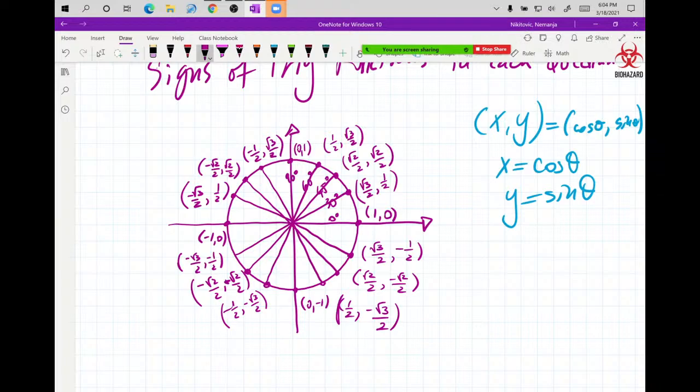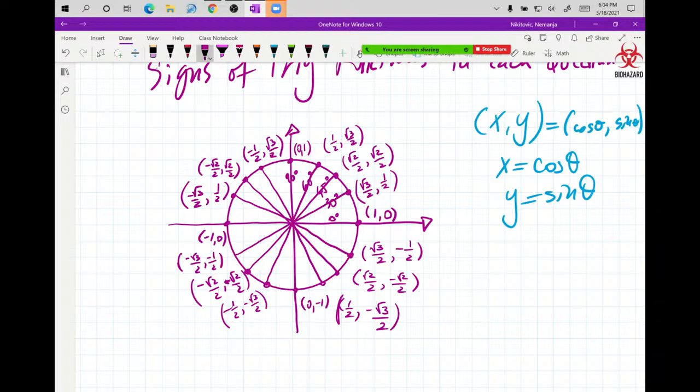Now, why did I spend all of this time making this chart or a graph? Well, I need you to observe what's happening with the signs of sine, cosine, and tangent.